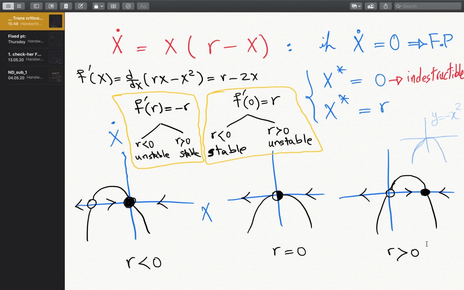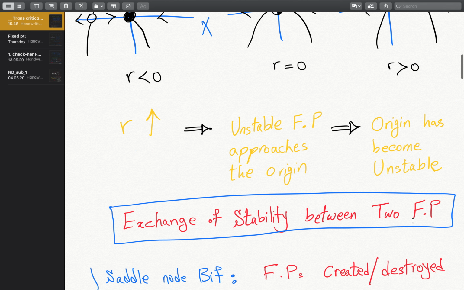And for the positive r, you can exactly see the logic as well.